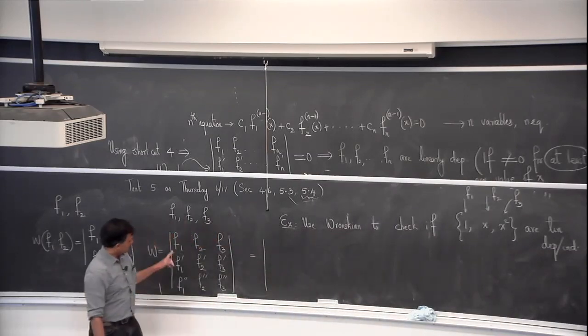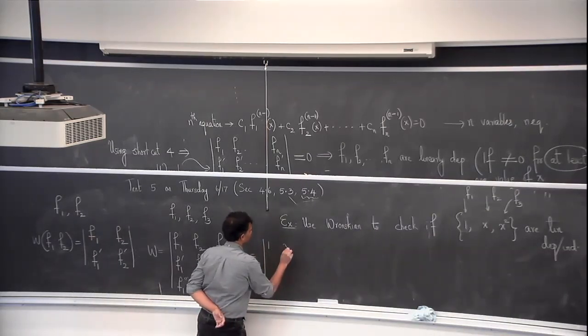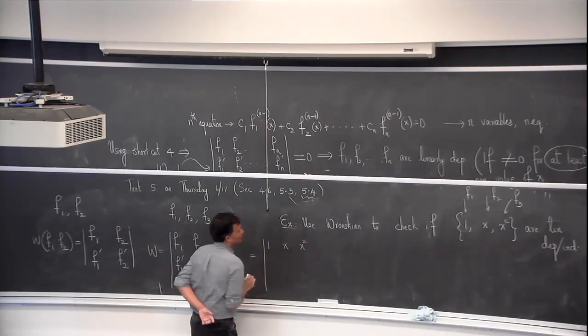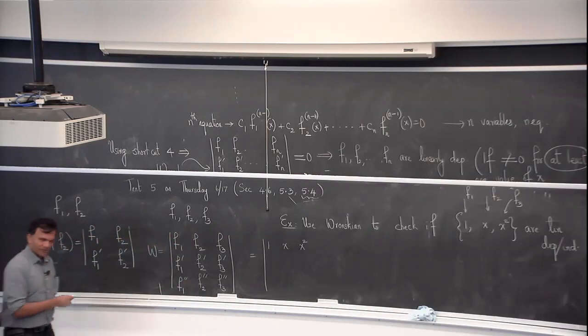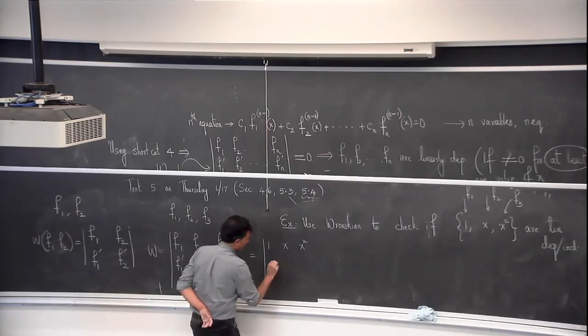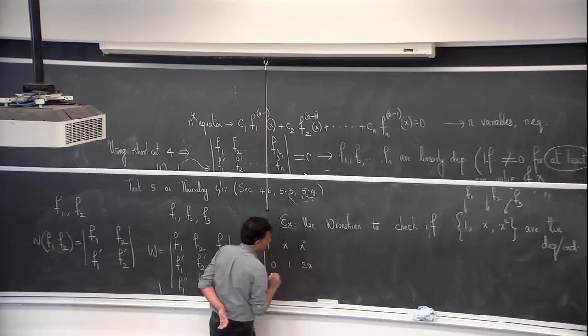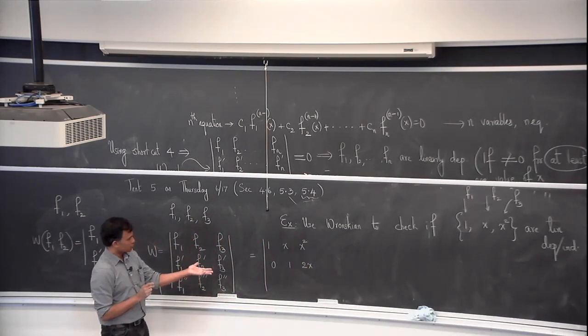In this case, the first row would be 1, x, and x squared. Now the derivatives, I'm not going to ask you what the derivatives of those functions are. It's pretty embarrassing. It's 0, 1, and 2x. And the second derivatives are 0, 0, and 2.